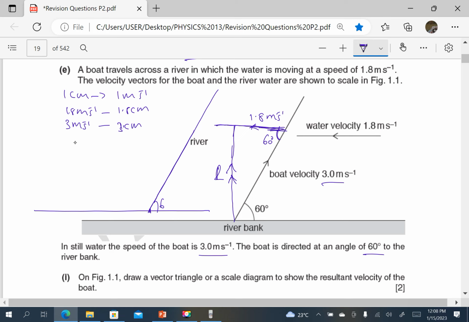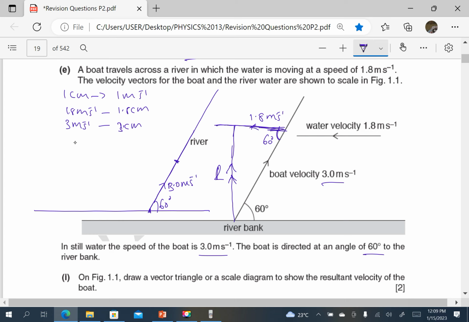On this line which I've drawn, I'll measure only 3 centimeters to locate the magnitude of the velocity. So 3 centimeters is somewhere here. So that is 3 meters per second, stops there, the magnitude.